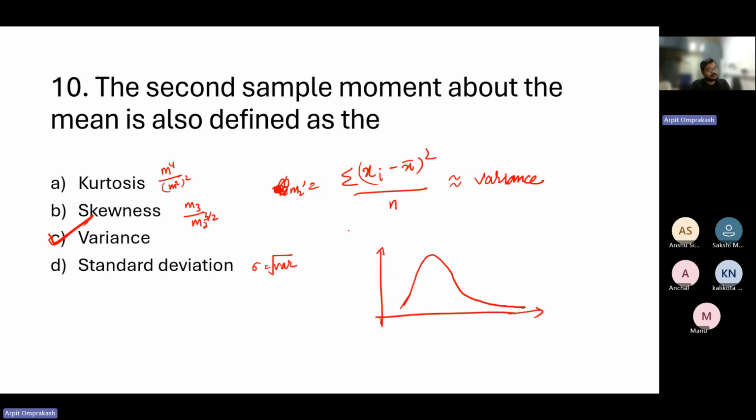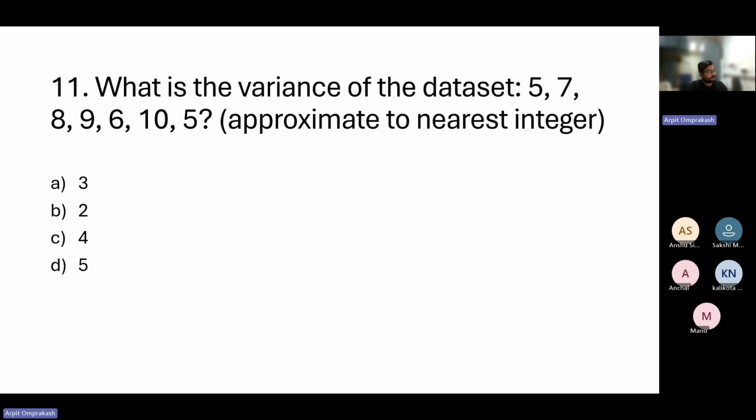And the kurtosis talks about the peakedness of a distribution. So it tells us what kind of peak it has. Is it higher or lower? That is related to the kurtosis. So that's how we measure the peakedness of a graph.